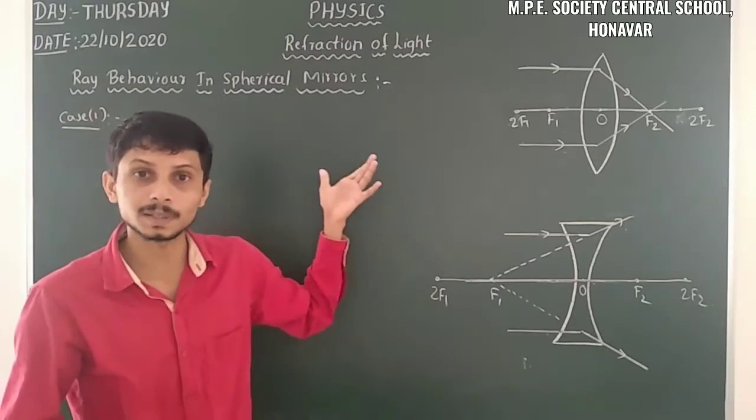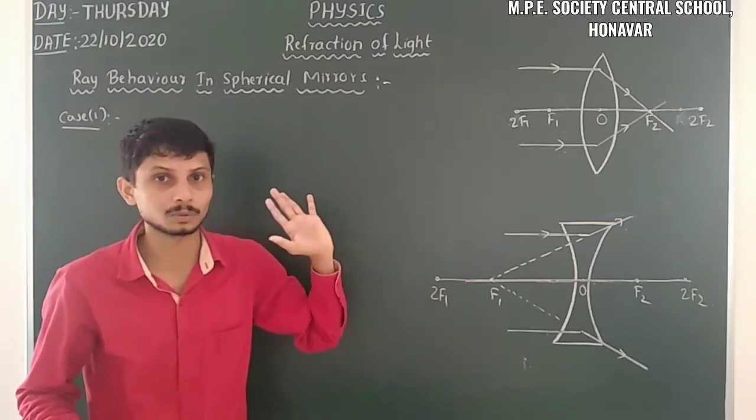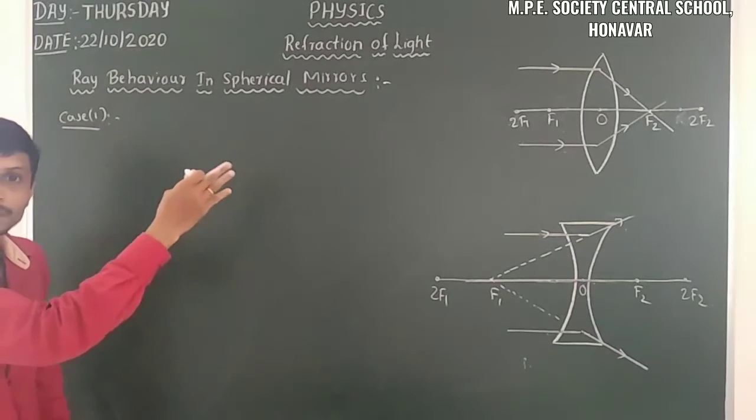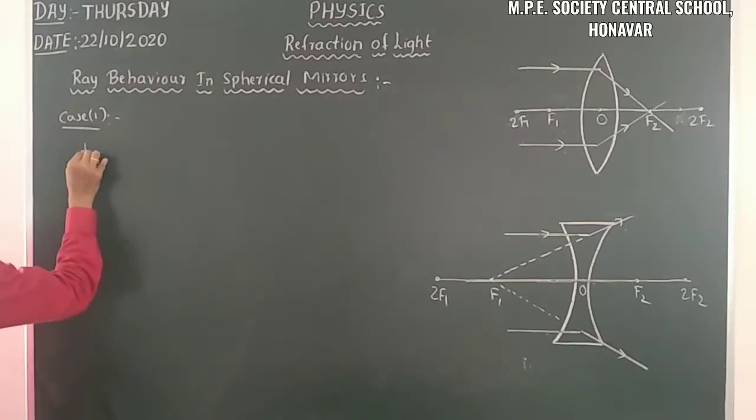So here, in the spherical lens also, we have to use that one. So let us take that case. Those two cases, one is the convex lens and another is the concave lens. Firstly we have to take the convex lens.